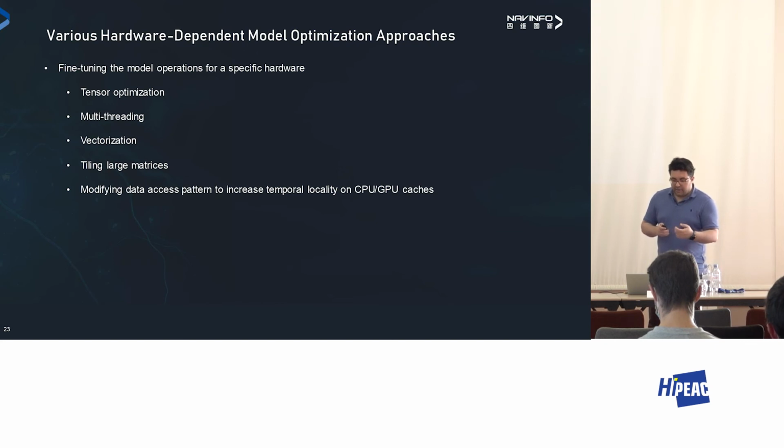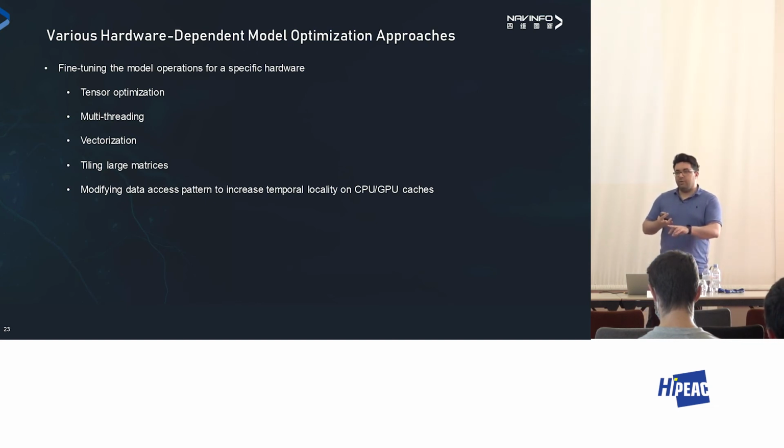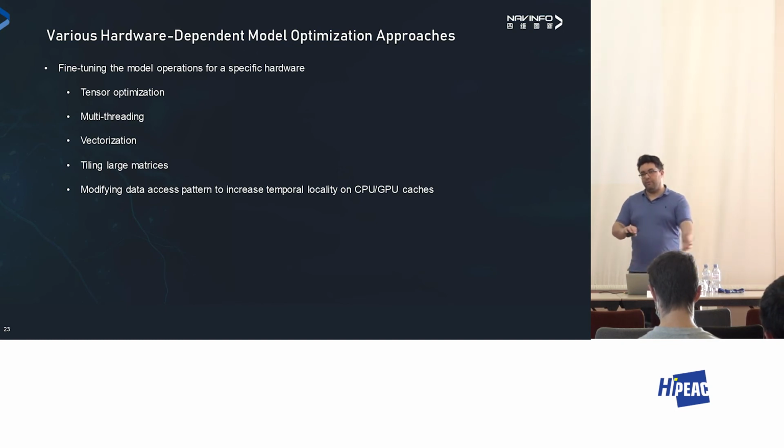Another thing is that, as I said, it is very common to break down the matrices into smaller tiles. That is very important, because there are lots of factors coming into consideration, like the size of the caches, your memory interface, and a lot of other things that determine whether you can break down into smaller blocks and bring them into the CPU, or make it a larger size of the blocks.